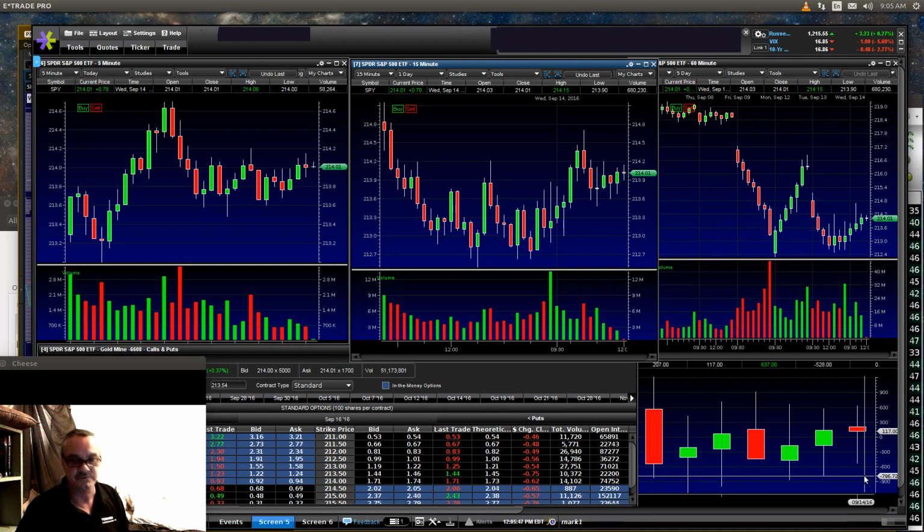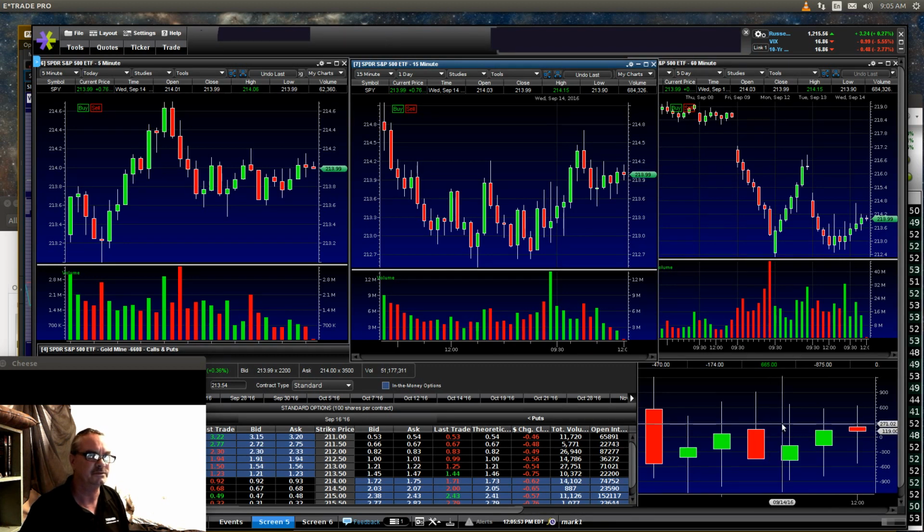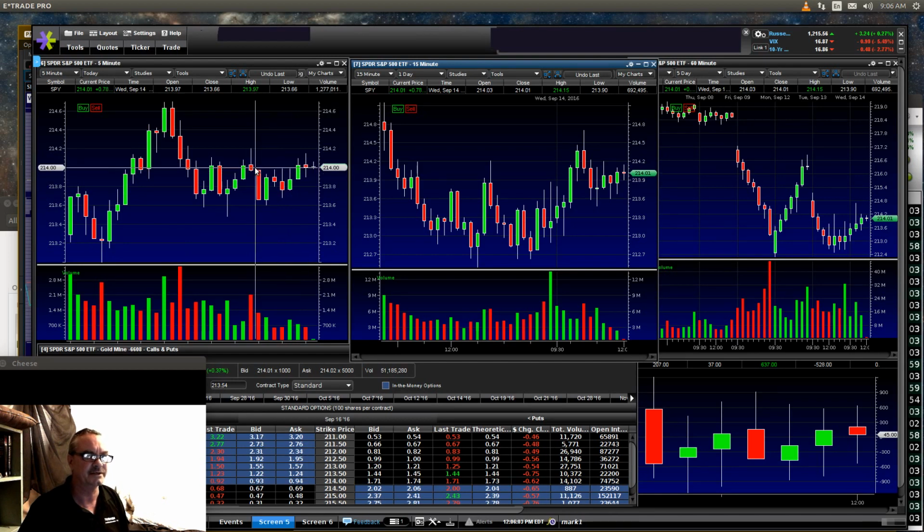But if it holds above that, it would be another good sign for any bullish moves. Yeah, it's definitely pushing back against this area. The market is trying to expand the range, but so far I don't see it doing a very good job of that.